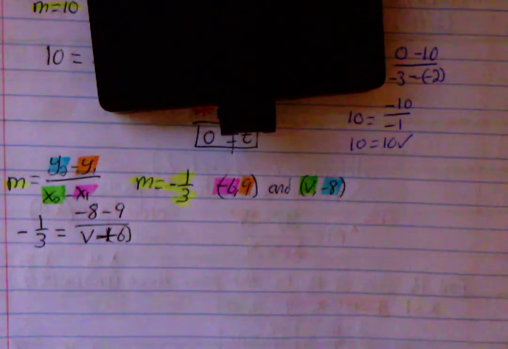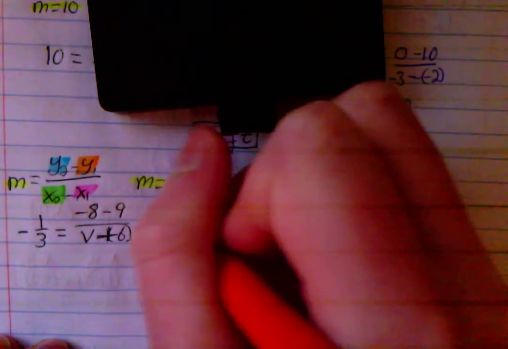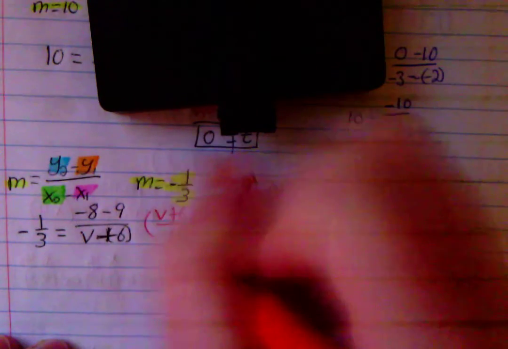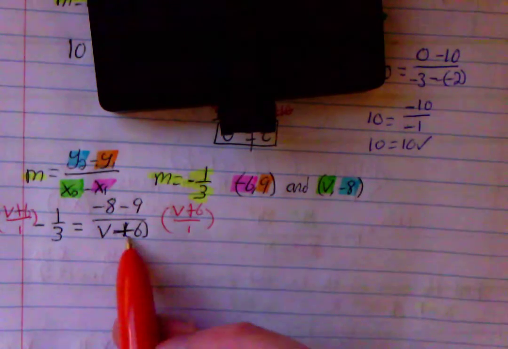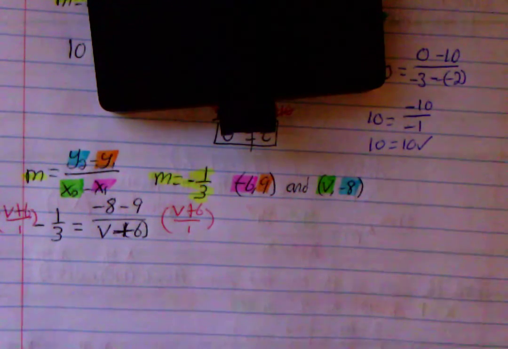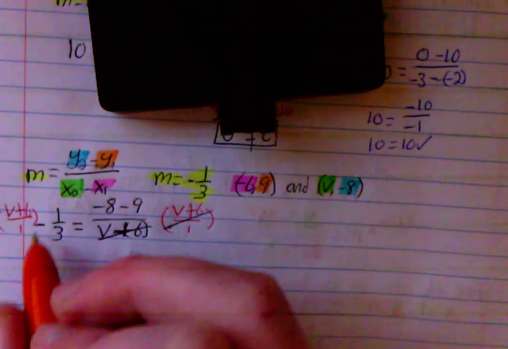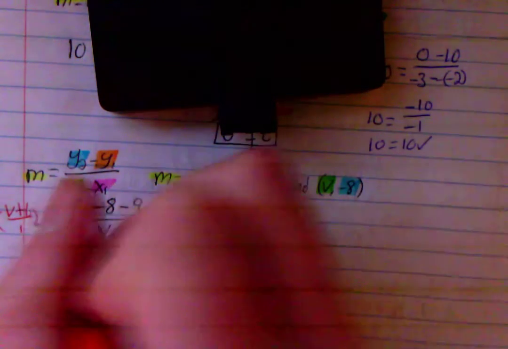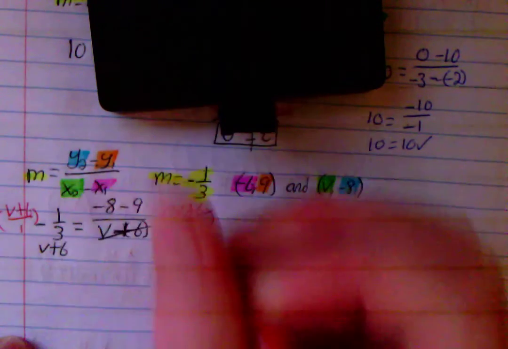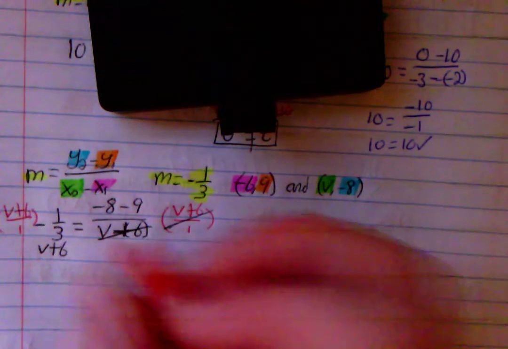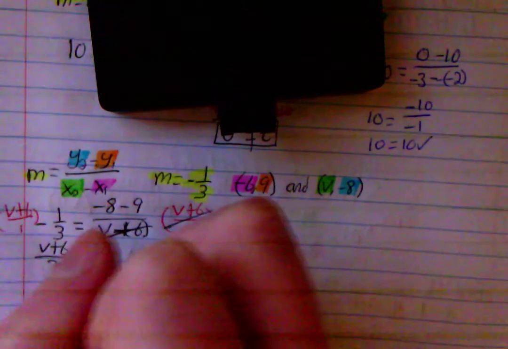So I'm going to multiply both sides by v plus 6 over 1. Okay, because the v plus 6 is the denominator, they cancel out. So v plus 6 times 1 is v plus 6. And then 1 times 3 is 3.